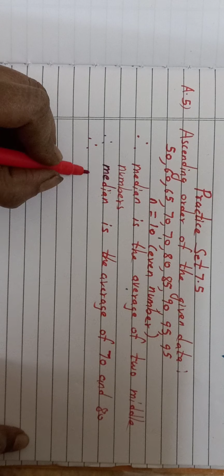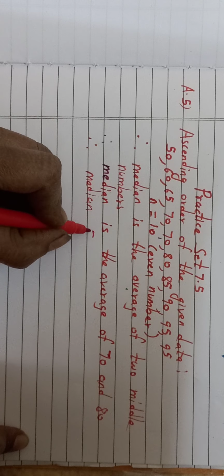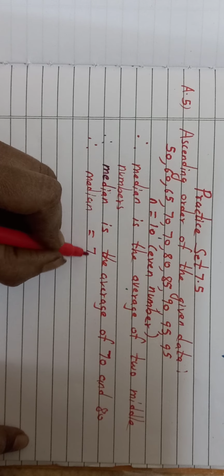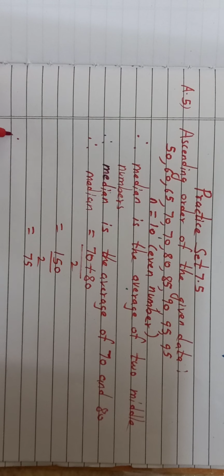Therefore, median is equal to 70 plus 80 upon 2, which is equal to 150 upon 2, which is equal to 75. Therefore, median weight of tomatoes is 75 gram.